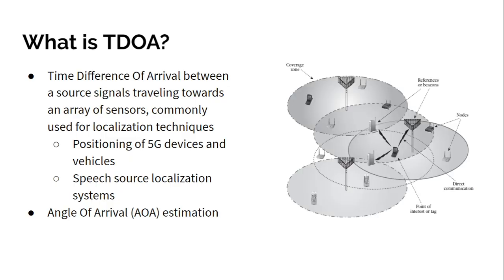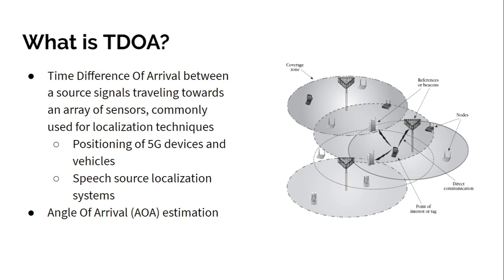Right. So first of all, what is TDOA? This is an acronym for time difference of arrival between some signal coming from a source and traveling towards a set of sensors. This is more commonly used in localization techniques, and that can happen in a lot of situations. For instance, we can have device positioning in 5G, vehicle positioning such as cars or submarines.